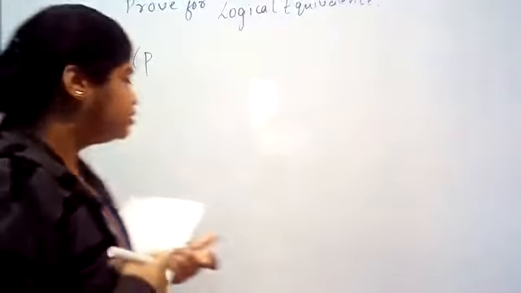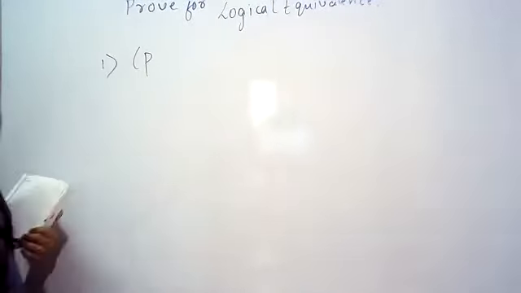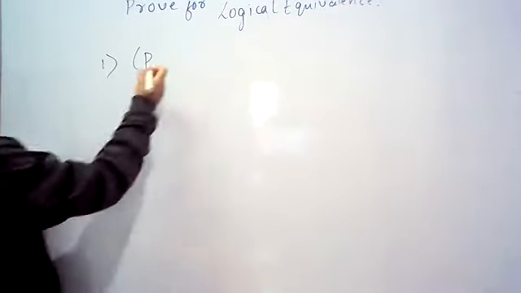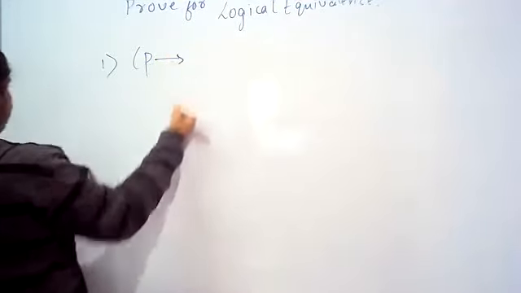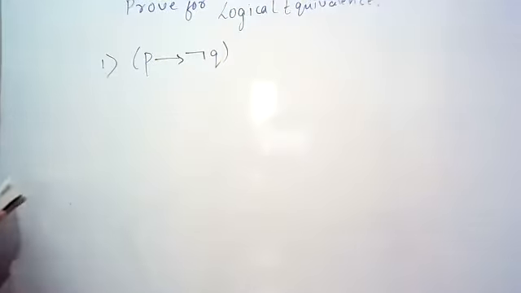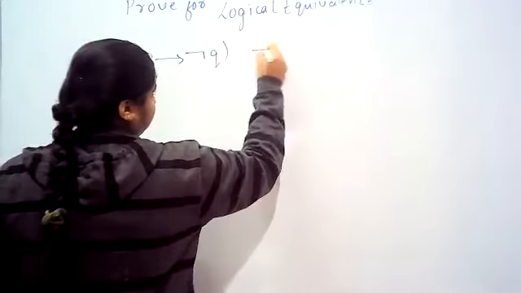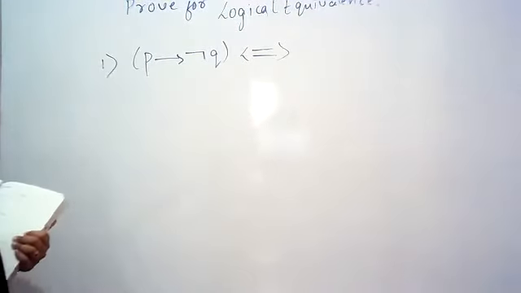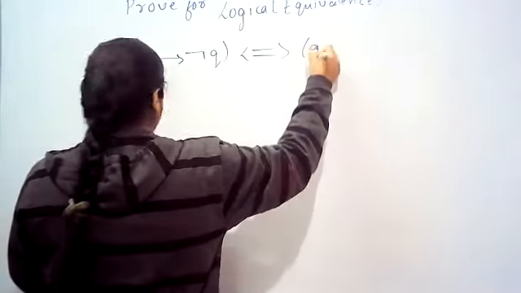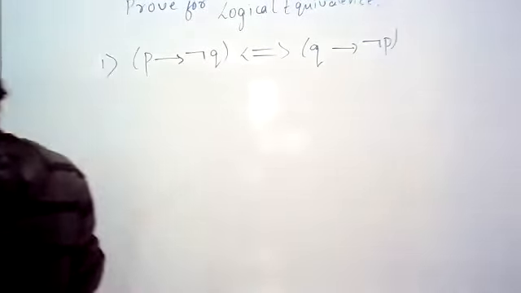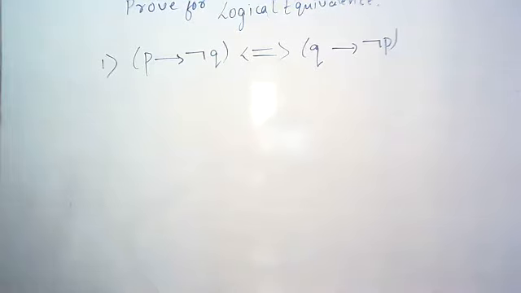Okay, fine. Consider here two propositions, proposition P and proposition Q. Proposition P, conditional of negation Q, we have to prove it is logically equivalent to proposition Q, conditional of negation P. I am going to repeat this problem again.